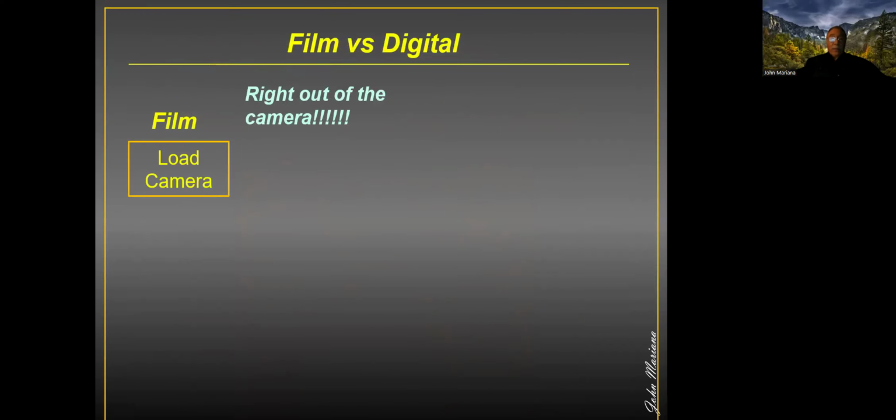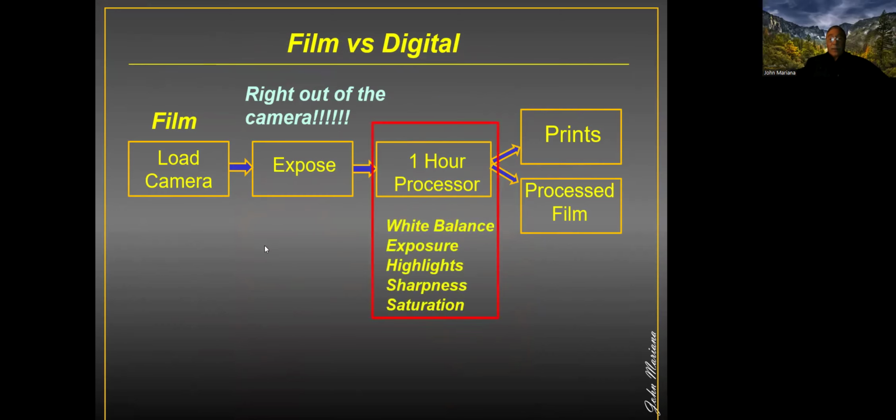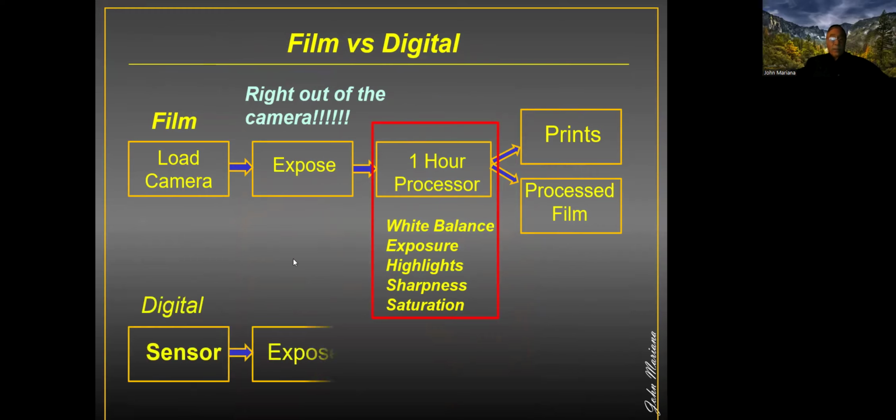When we did film, we would load the film in the camera, expose, and have one hour processing of the film. And we would get prints and process films. And in that one hour processing, there would be white balance, exposure, highlights adjusted, the sharpness, saturation, all those kinds of things would happen in the software of the one hour processor.